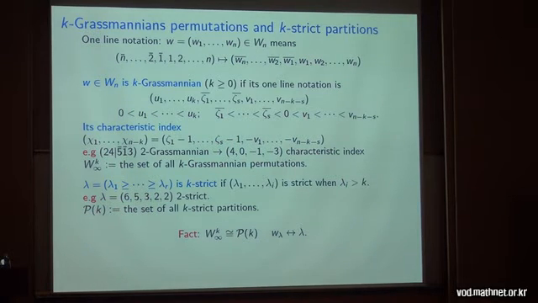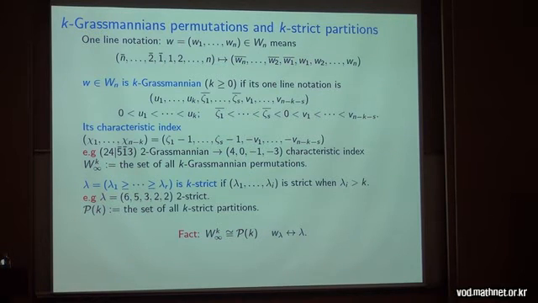Here's the example. This is a 2-Grassmannian permutation. So 2, 4 increasing, and minus 5, minus 1 increasing, and then 3. So there's only one descent, indicated by this bar. For this, the characteristic index is: you have 5, 1, these negative numbers, so you have 4 and 0.